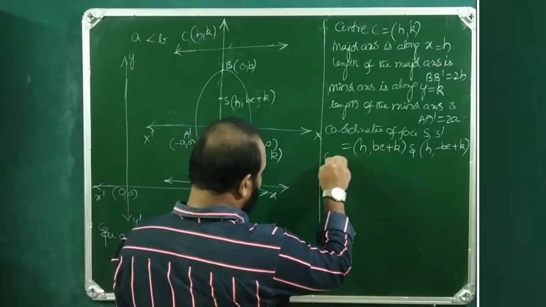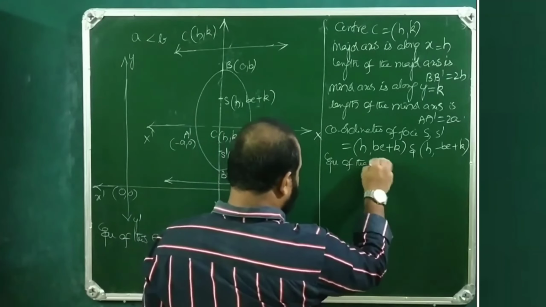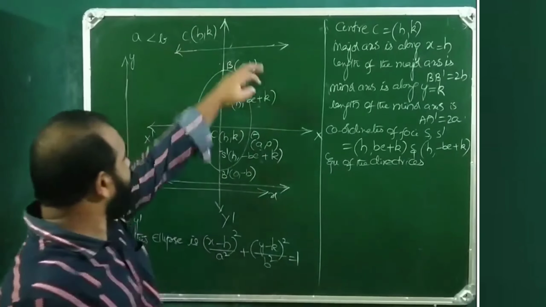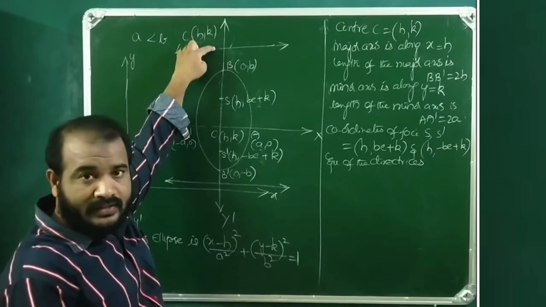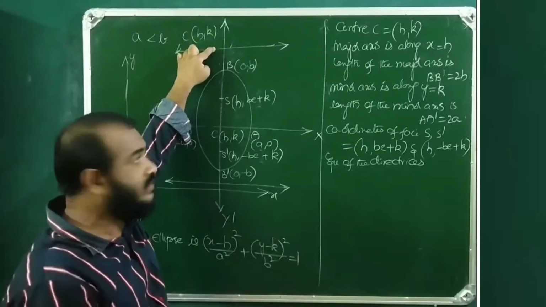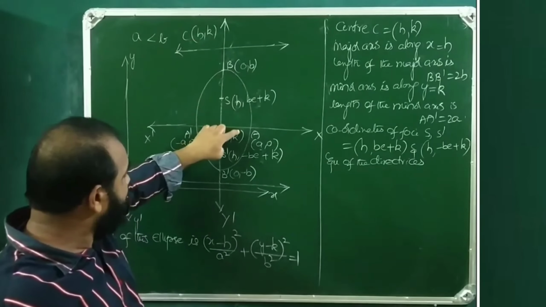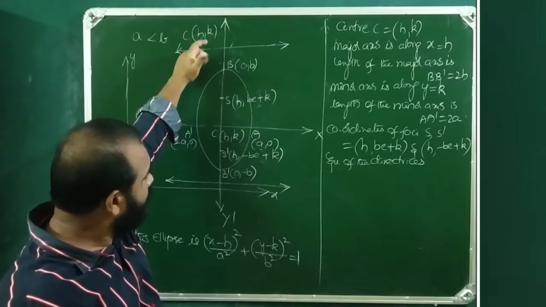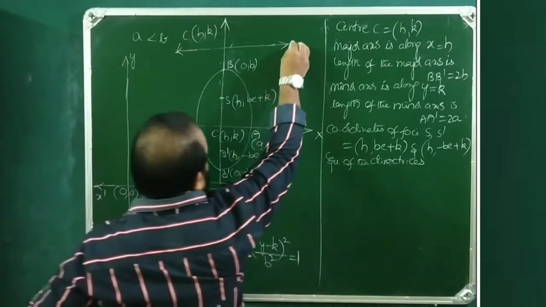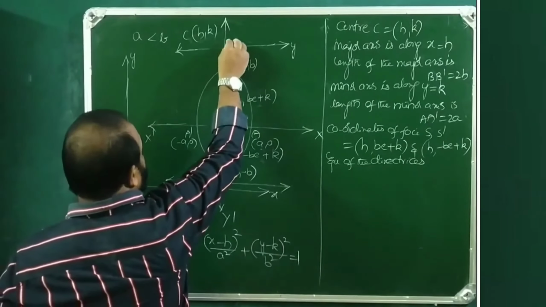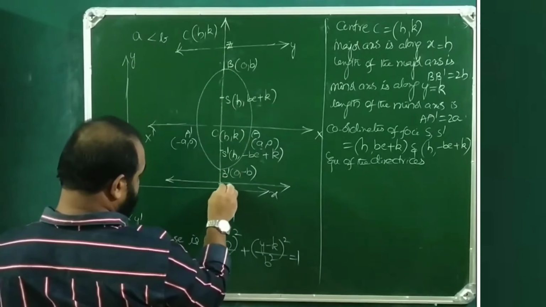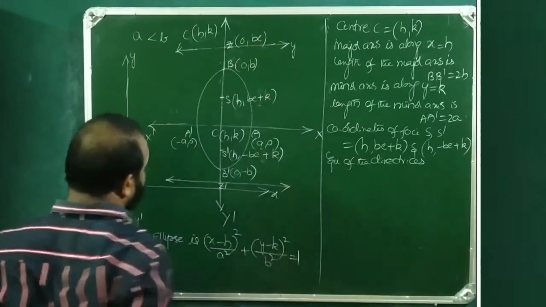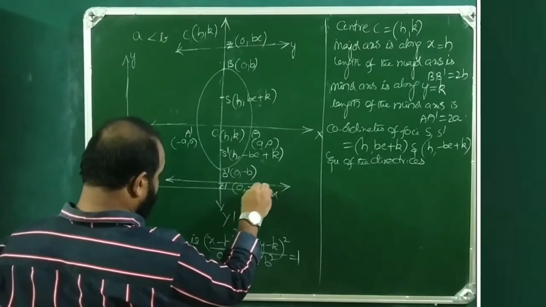Now the equation of the directrices. This is for the ellipse whose center is at the origin. This is parallel to the x-axis, of the form y equals something. Here these are Z and Z dash. So this is 0 comma plus b by e, this is 0 comma minus b by e.